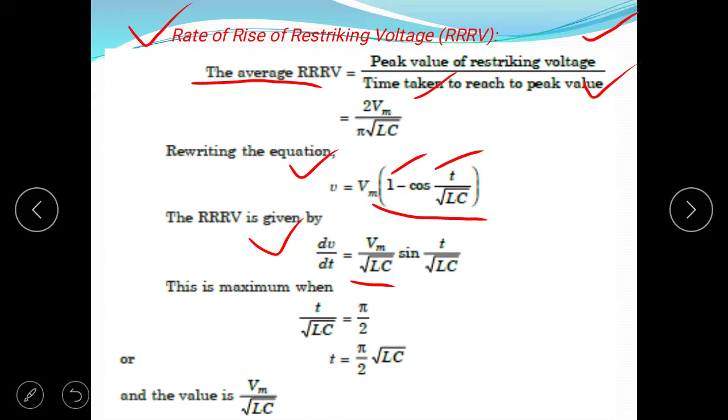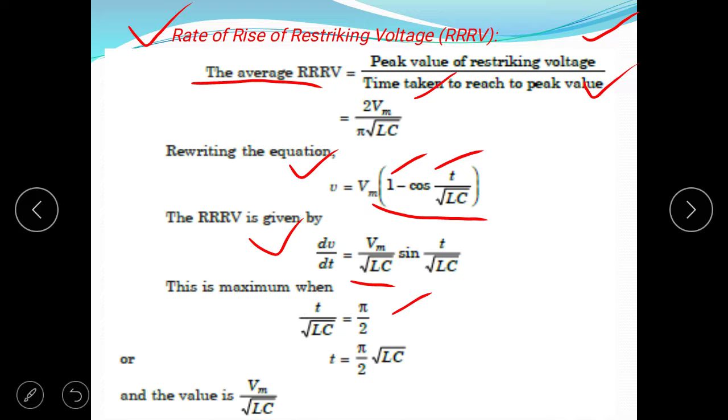So this is maximum when t upon under root LC is equal to pi by 2. It means the rate of rise of restriking voltage will be maximum when sin omega t, or sin theta, is equal to 1.